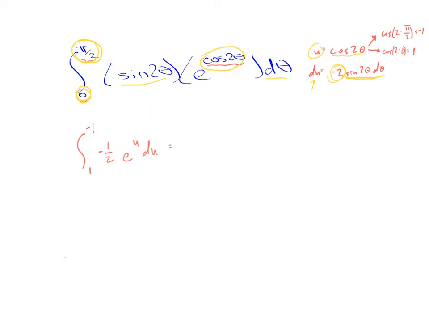All right, so now negative 1/2 tags along. The integral of e to the u, lo and behold, is e to the u. Substitute in my bounds. Top bound first, negative 1/2 times e to the negative 1 minus e to the positive 1. Okay, let's clean this up a little bit, make it look nicer.